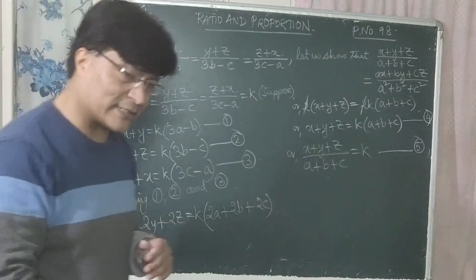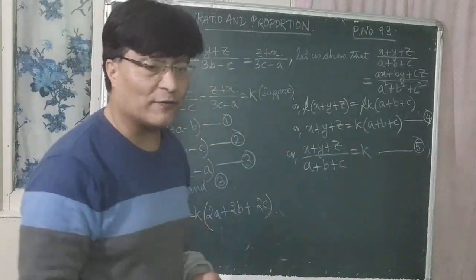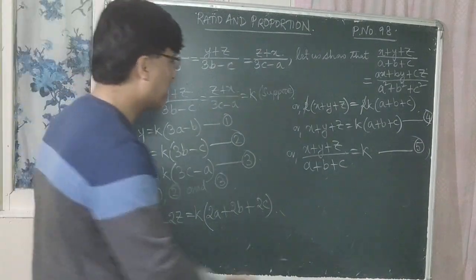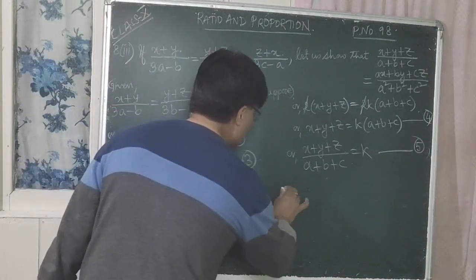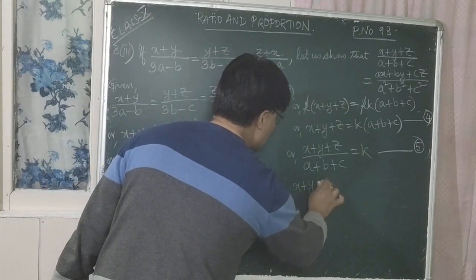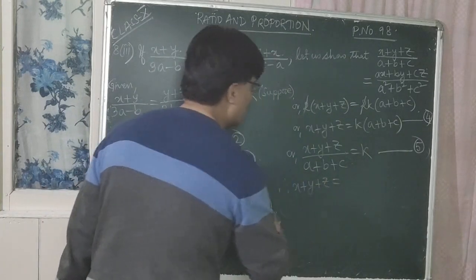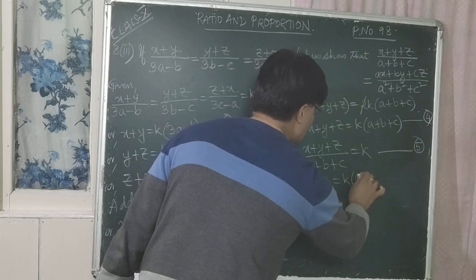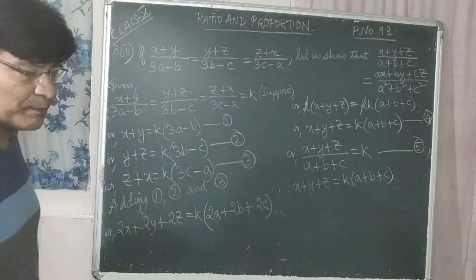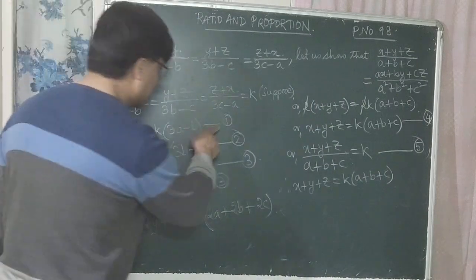So let us get those individual values of x, y as well as z. Let us find it. So now, let us write number 4: x plus y plus z is equal to k into a plus b plus c. This is from number 4. Let us subtract number 1 here.